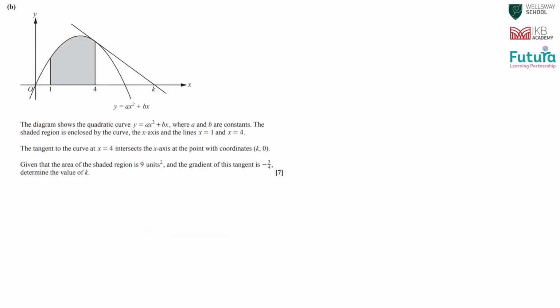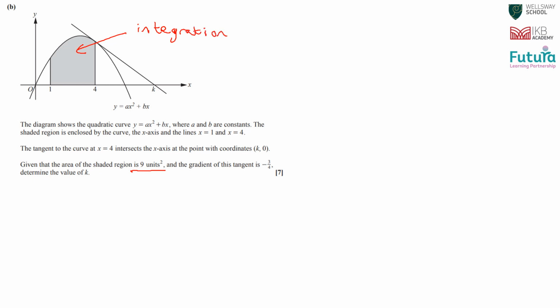Okay, so for this question, you're told that the diagram shows the quadratic curve, where a and b are constants. Then the shaded region is enclosed by the curve, the x-axis, and the lines x equals 1 and x equals 4. We're also told that the area of the shaded region is 9 units squared. Because we're told the area, the bit of maths that applies to area underneath curves is integration.